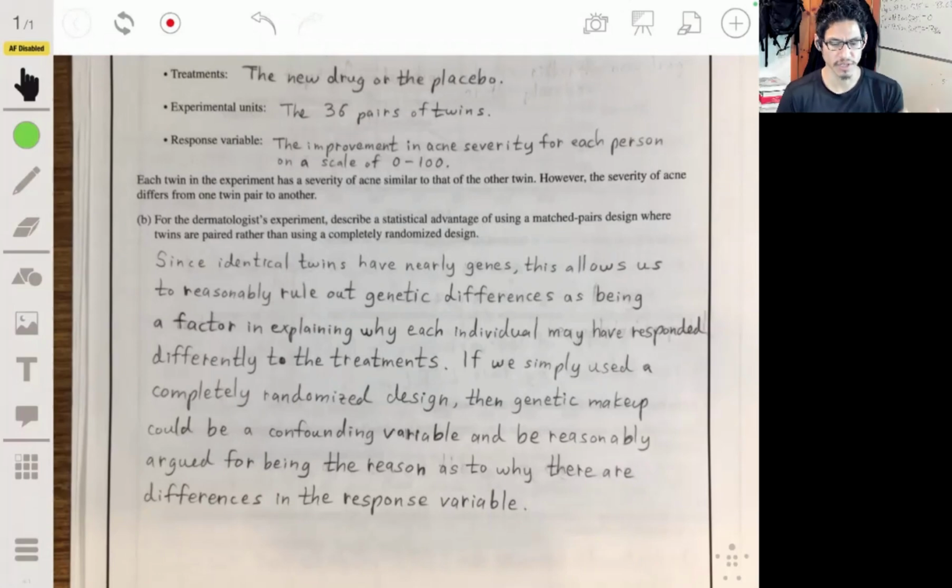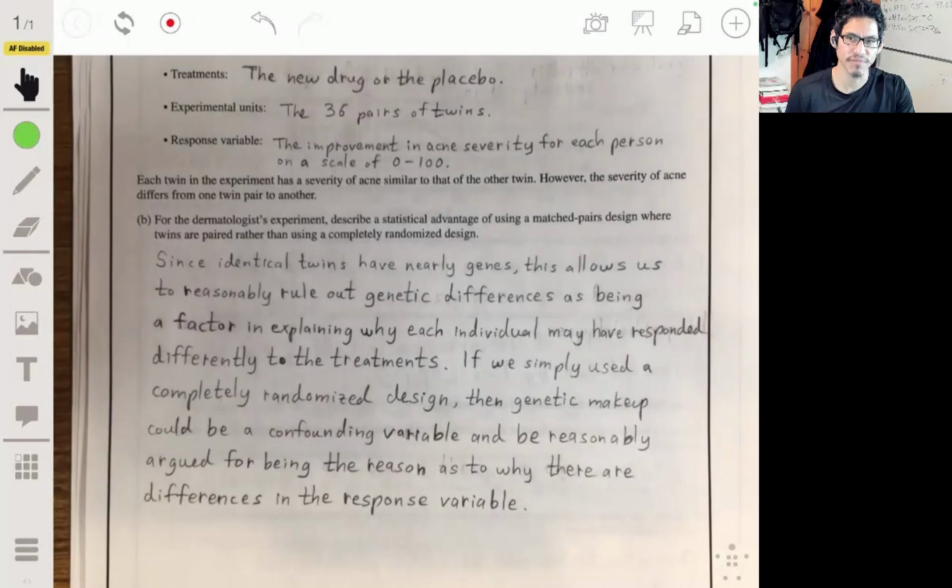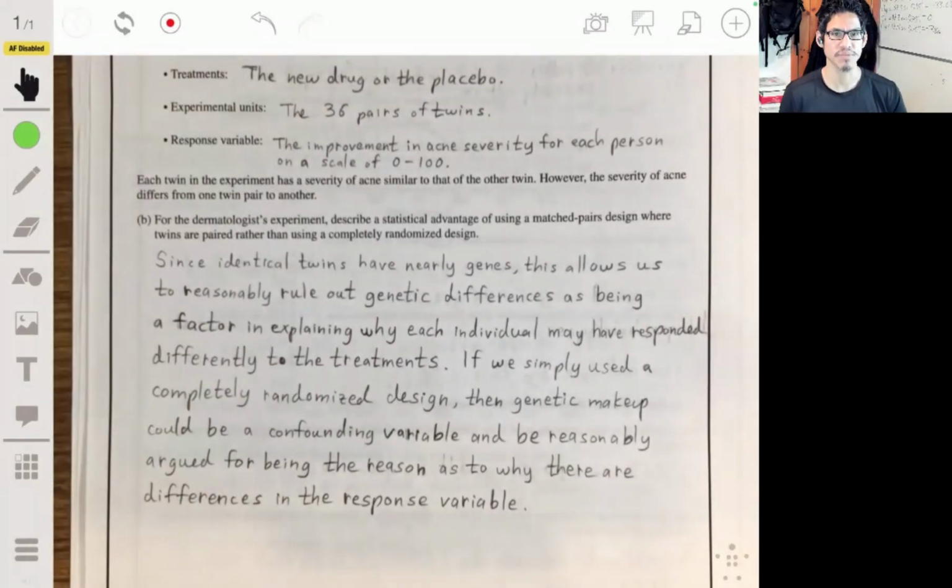But if we find identical twins, which we know are virtually identical in their genes, then it basically takes out genetics as a factor in why we have different results in our data.